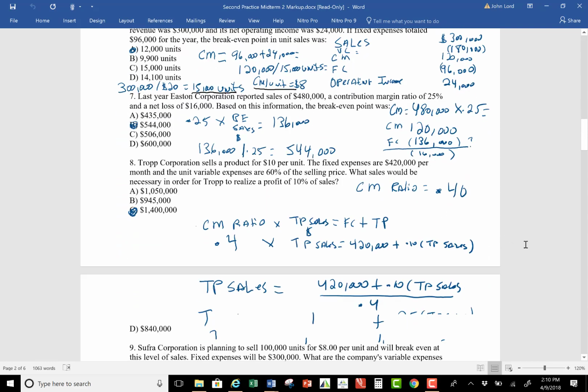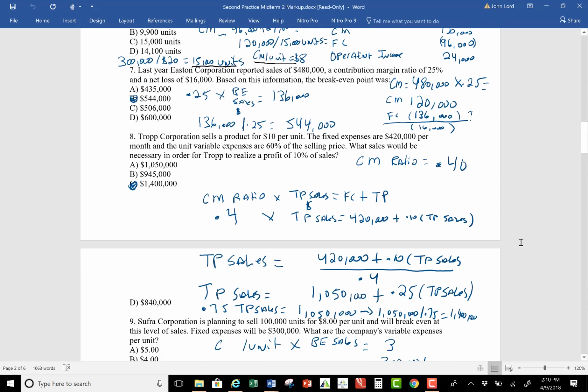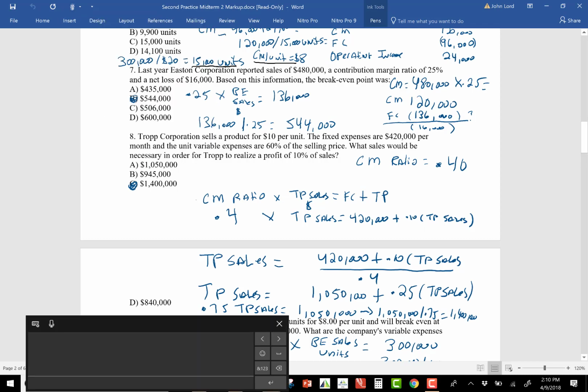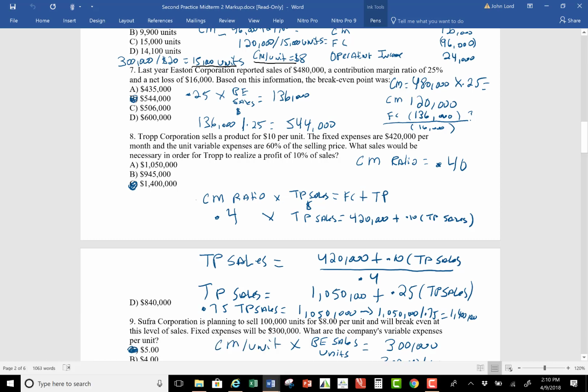Okay. So I just want to look at it here because every time I have to figure this out, and I get tired of figuring it out every time. So you take 0.4 times your target profit sales equals 420,000 plus 0.10 of the target profit sales, right? Which is what we had set up on that previous page.